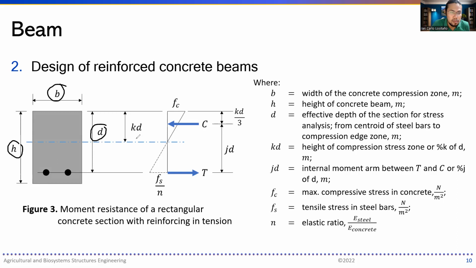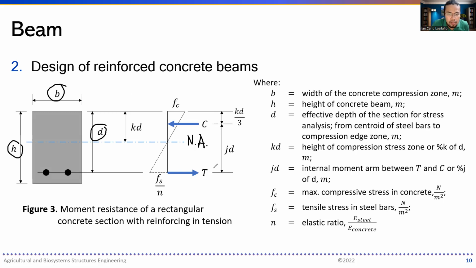Then KD is the portion of the D from the top to the neutral axis. So this is now the neutral axis. You should be familiar with this. You have your JD, which is the internal moment arm between T and C. What are these T and C?